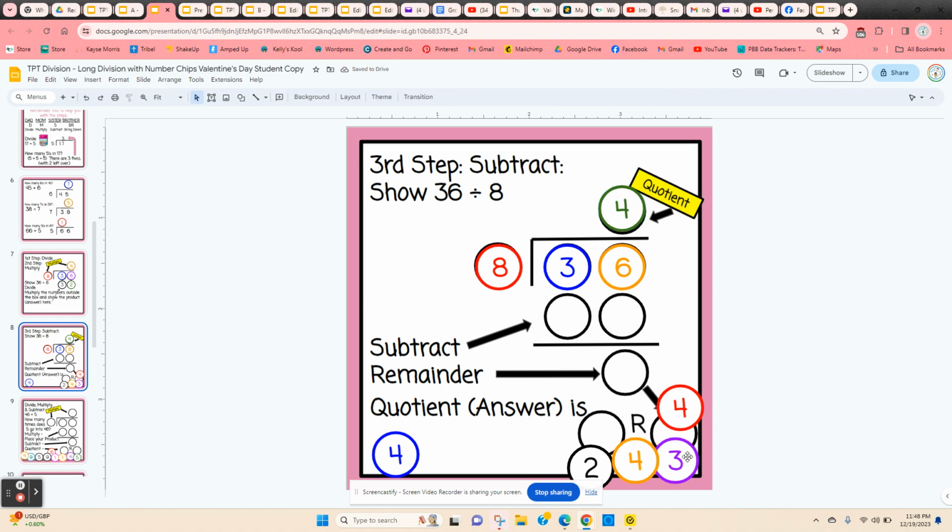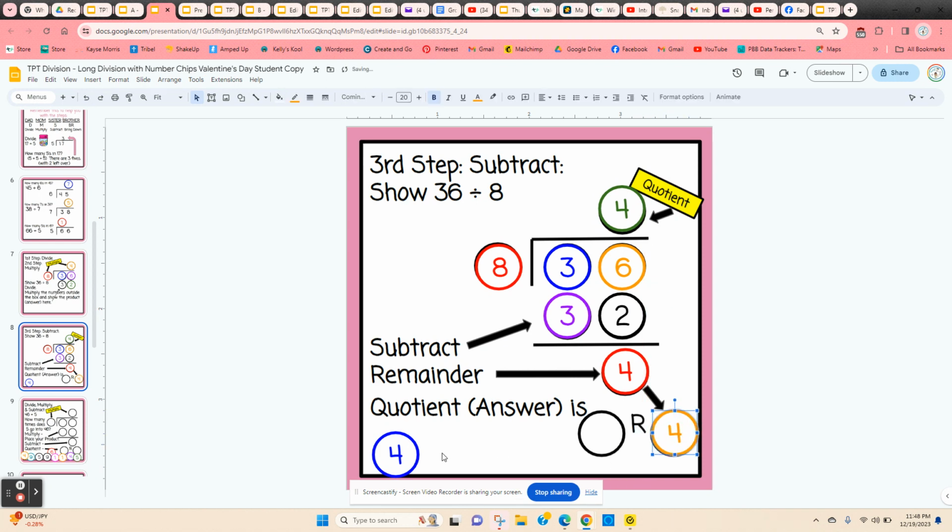Multiply, they get 32. The next step is to subtract. 36 minus 32 is 4. This problem's already finished then, so the quotient is 4. The quotient is up here. So the answer is 4, remainder 4.